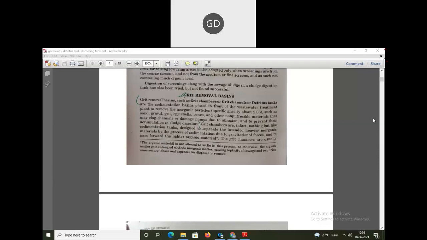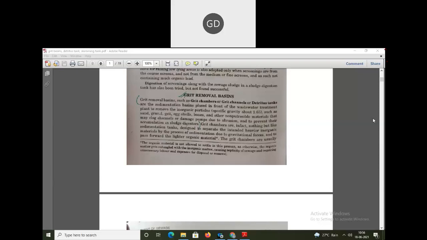So basically the sand, gravel and grits are removed so that they cannot clog the channels further, they do not damage the pumps, and also to prevent their accumulation in the sludge digesters. For that reason, grit removal basins are used.